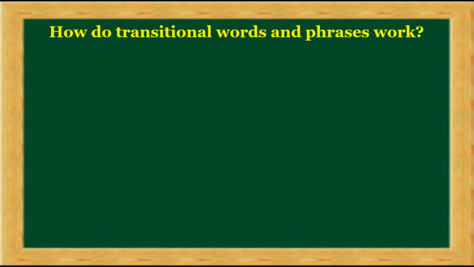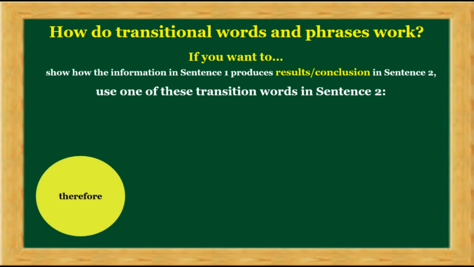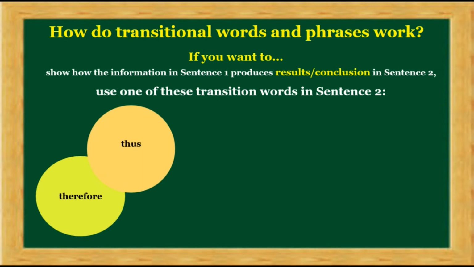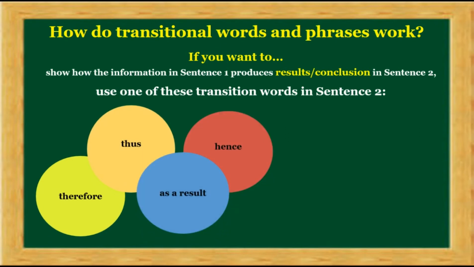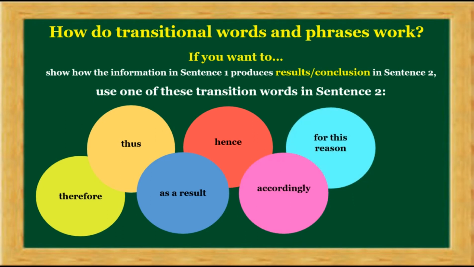If you want to show how the information in sentence 1 produces results or conclusion in sentence 2, use: therefore, thus, as a result, hence, accordingly, for this reason, or consequently.